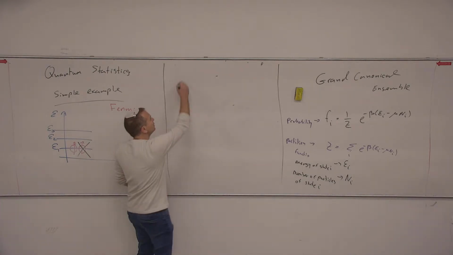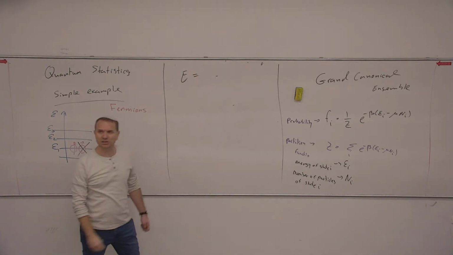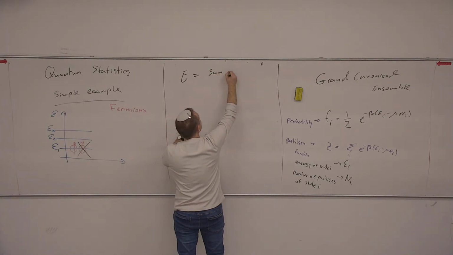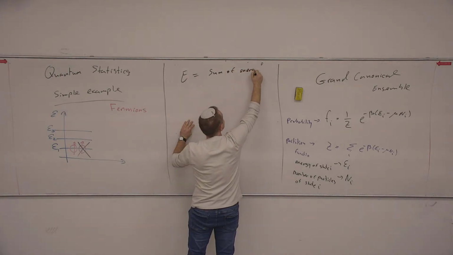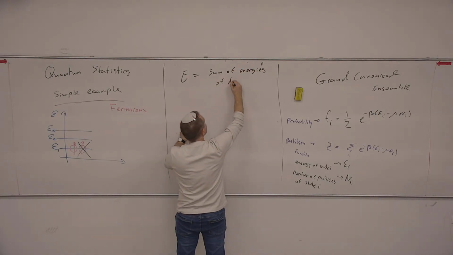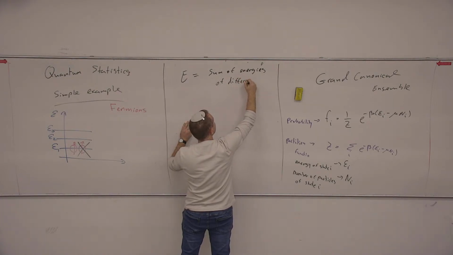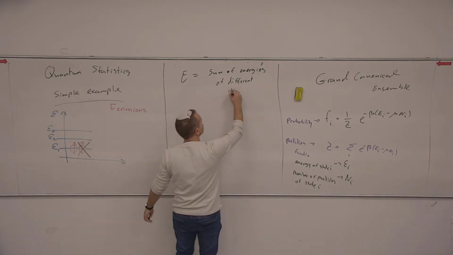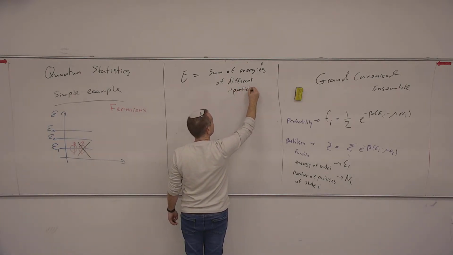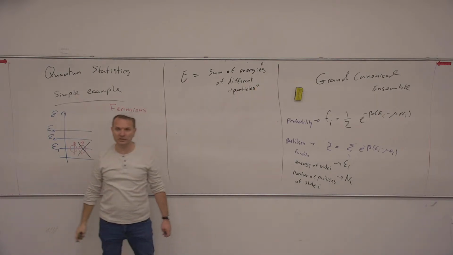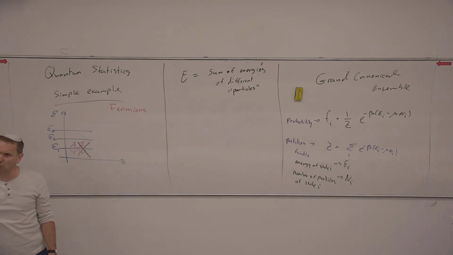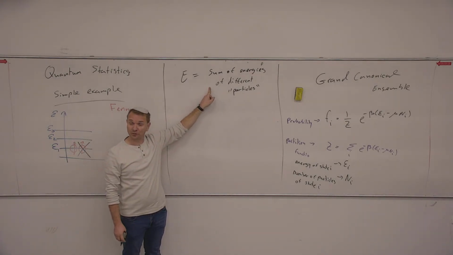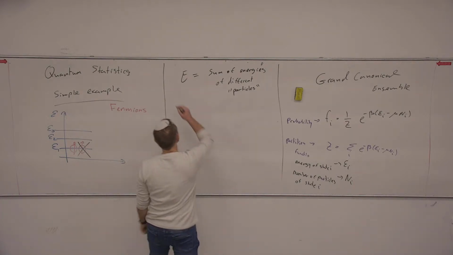So the problem with factorization, remember, is it depends on the following things. First of all, the energy is the sum of energies of different particles. And usually we have quote-unquote particles. Why quote-unquote? Because those don't have to be real particles, it's just a sum of energies of something. This is the first rule.